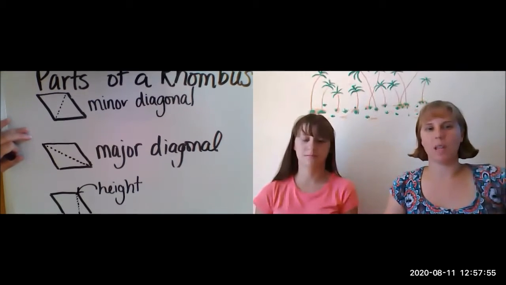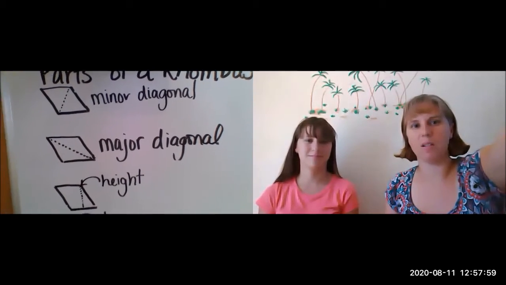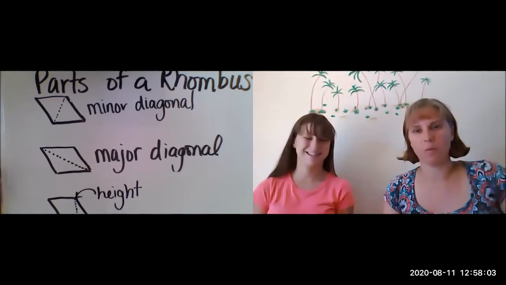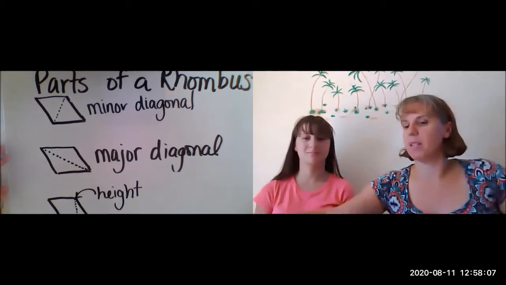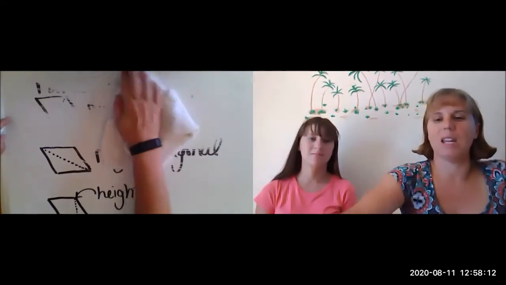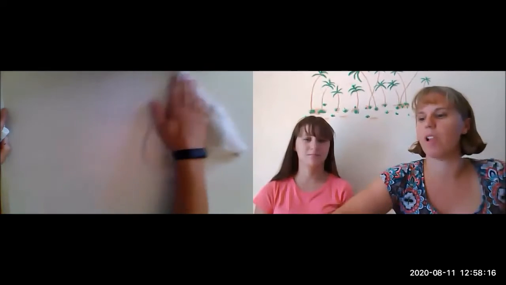And these are what you're going to label: the base, the height, the major diagonal, and the minor diagonal. I'm sorry, I moved the camera, can't see it all at once. I will post a picture of what I would like you to follow up. So these are the parts of the rhombus. Now I'm going to erase this so I can write your definition, and then I will post a picture of what you need to have included in your follow-up.